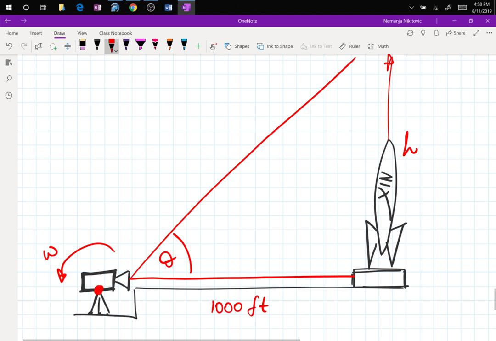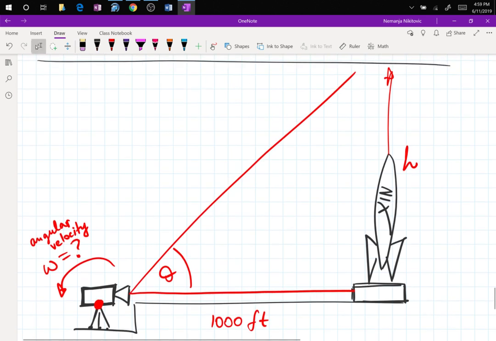And we're just going to shoot this straight up. So my question is to find this omega, the angular velocity.